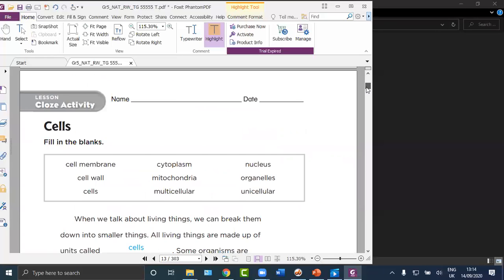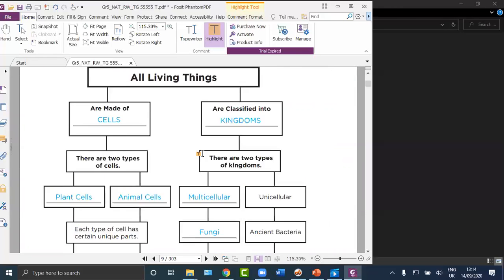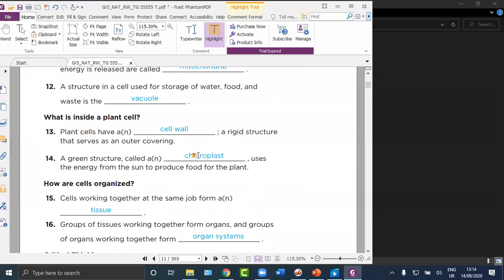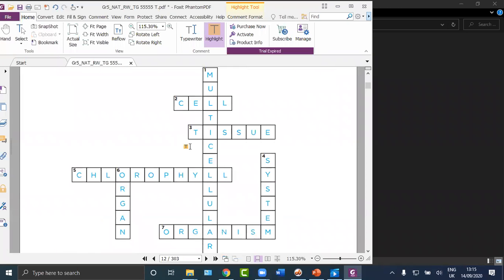Now, number 1, multicellular. Number 2, cell. 3, tissue. Transfer the answers.